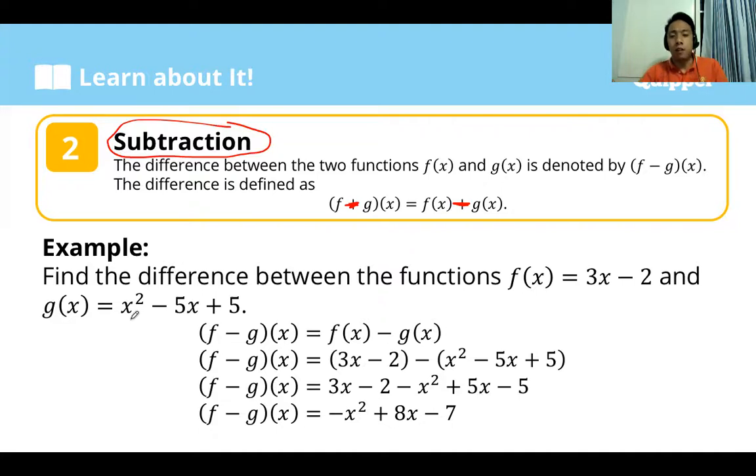Now find the difference between the functions 3x minus 2 and g of x squared minus 5x plus 5. And so, if you can see here, meron talaga tayong open and close parentheses. Do not forget those.